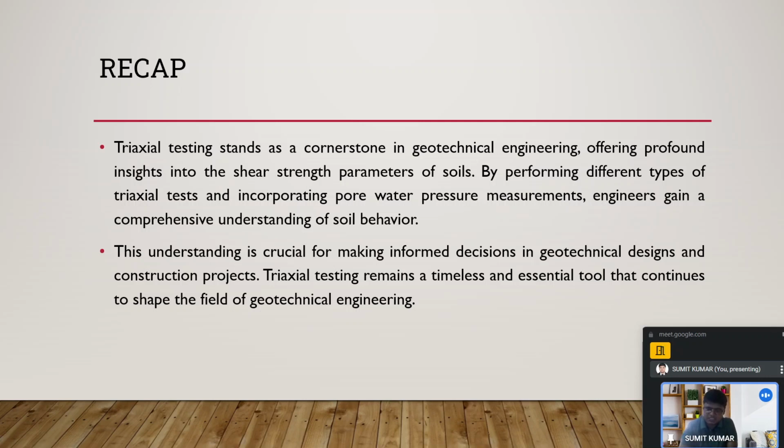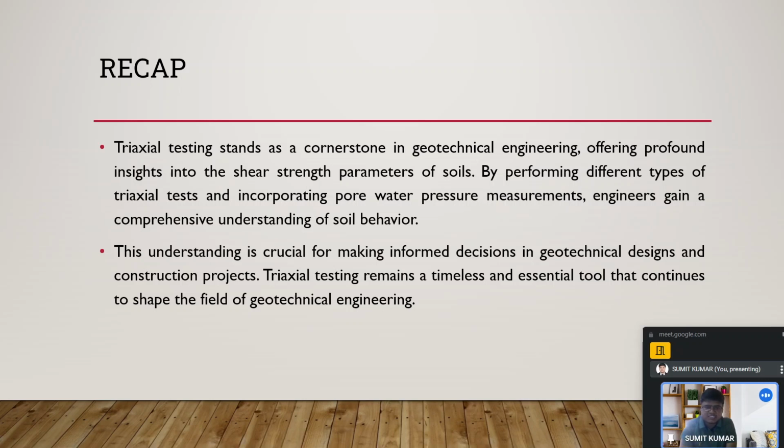So up to this point, we have understood that triaxial testing stands as a concrete pillar in geotechnical engineering. It is irreplaceable and offers profound insights into the shear strength parameters of soil, like C and phi.